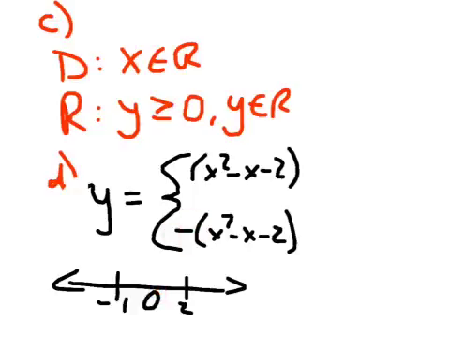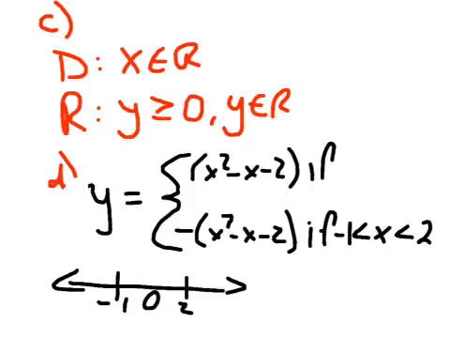So that means that our piecewise function, okay, we have to express it as negative if, okay, x is less than 2 and greater than -1. And the function is positive, and we can just pull it out if x is greater than or equal to 2 or less than or equal to -1.